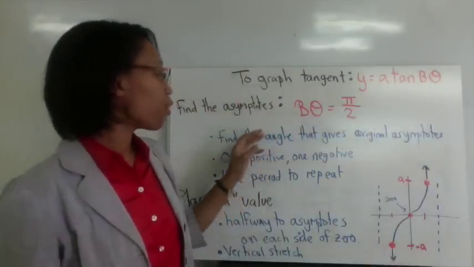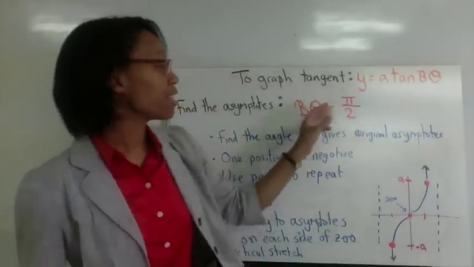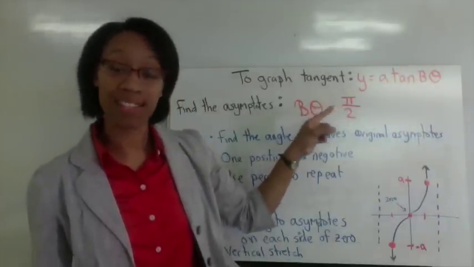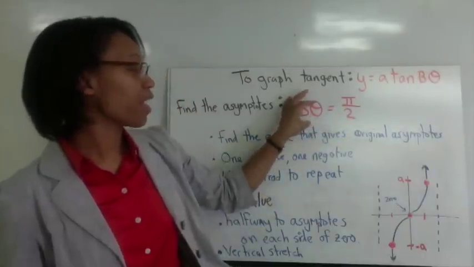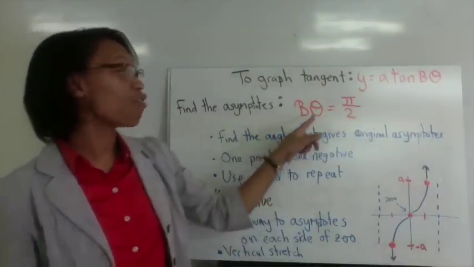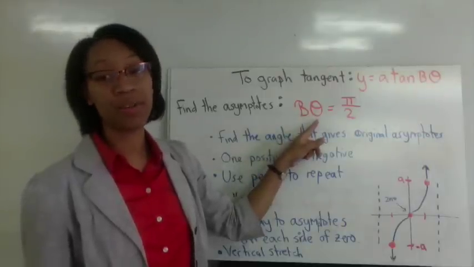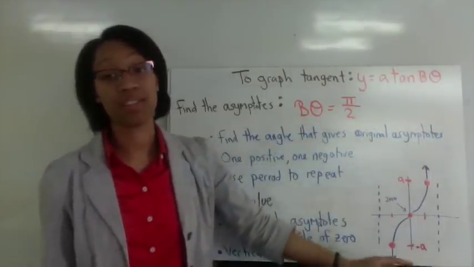So we're going to take whatever they have on the inside here, and set it equal to pi over 2, where we know the asymptotes are for tangent. Then you can solve for the angle, and that will let you know where the original asymptotes are.